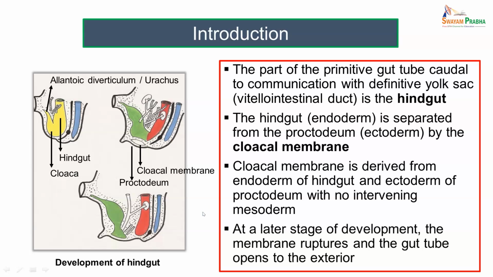At a later stage of development, the cloacal membrane is split into two membranes, urogenital membrane and anal membrane, and these two membranes rupture. When the anal membrane ruptures, the gut tube opens to the exterior.